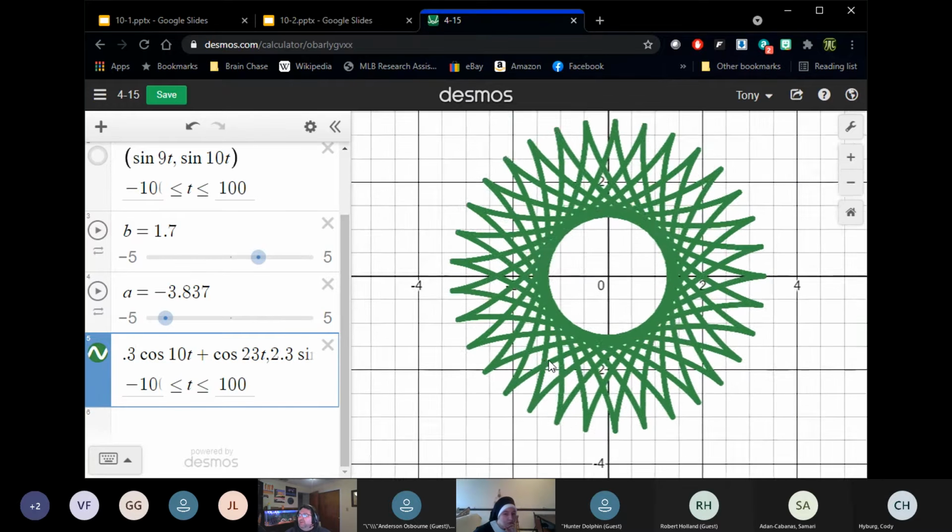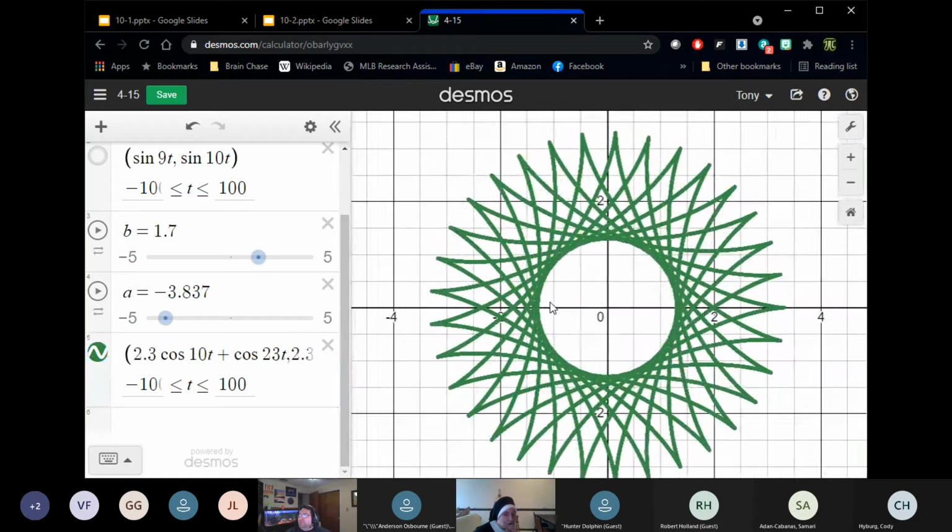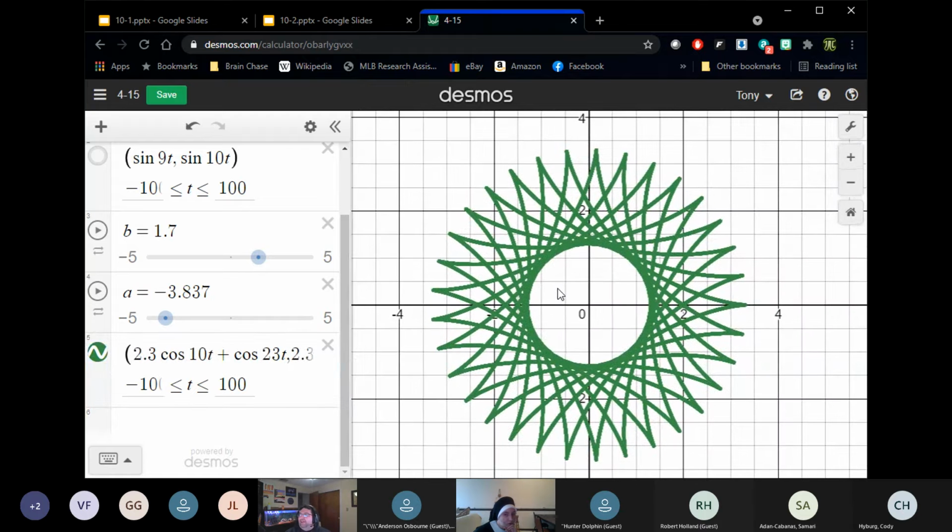You can start to see how the graphing calculator really helps you design things, and you can see some cool little shapes and graphs that can come out of parametric equations. That's why I always like parametric and polar equations, because you can actually draw some cool things out in graph form. If you ever took a graphing calculator in high school and drew the petals, the flowers, those are actually polar equations, and we'll look at those on Tuesday. You get the nice little flower graphs out of it.